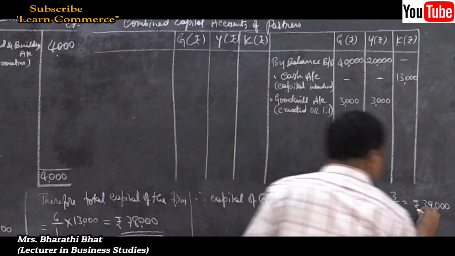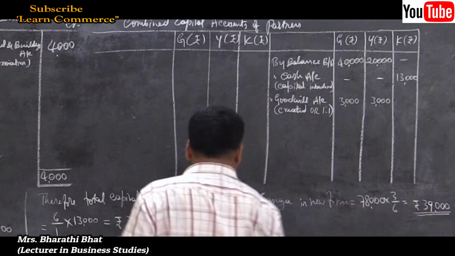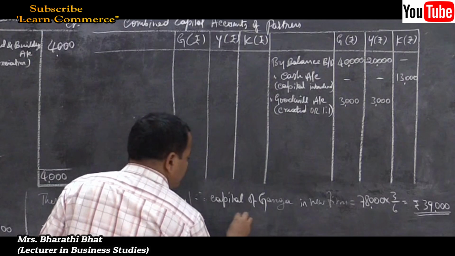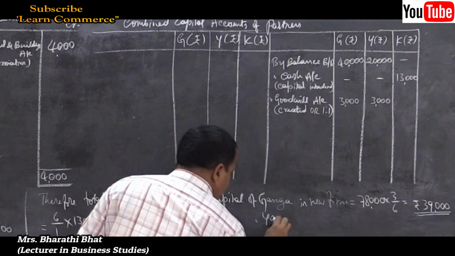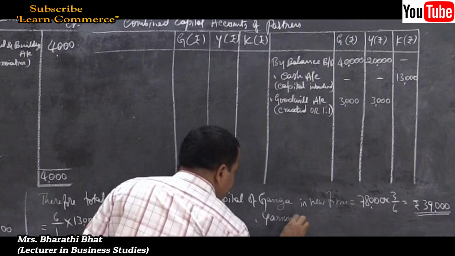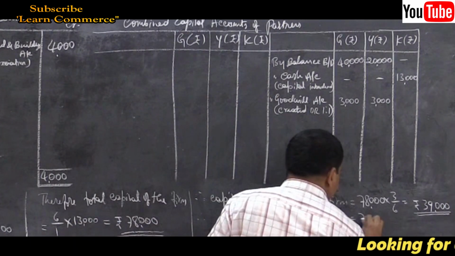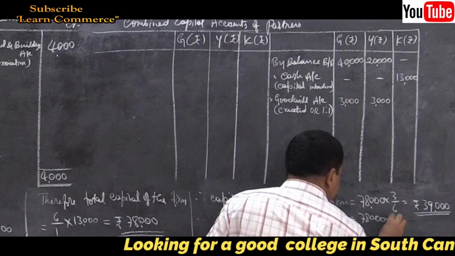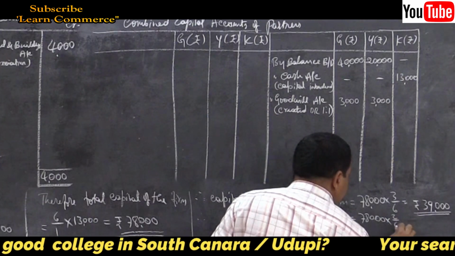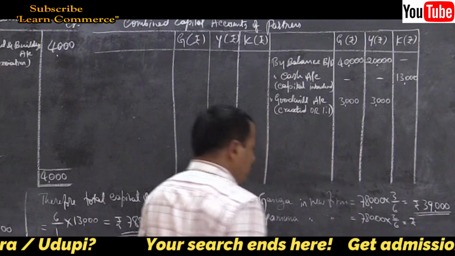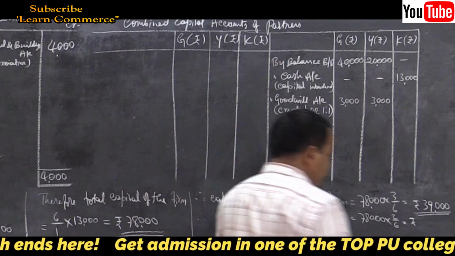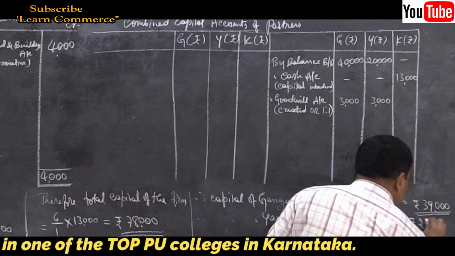Then capital of Yamuna in new firm is equal to 78,000 into 2/6 is equal to rupees how much? It is 26,000.